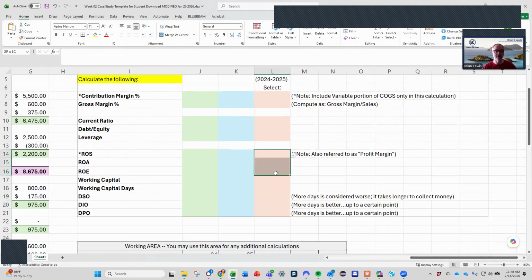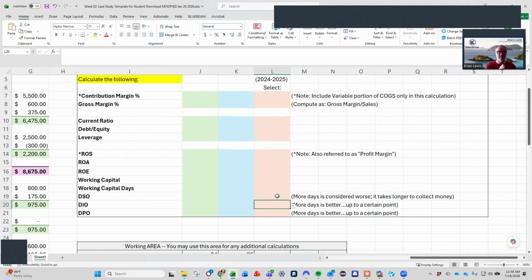Now, usually with returns, obviously, the higher the number, the better than a lower number. On days sales outstanding, usually a lower number is better than a higher number. Same with days inventory outstanding. Usually a lower number is better than a higher number because a lower number means you have a smaller investment in inventory.